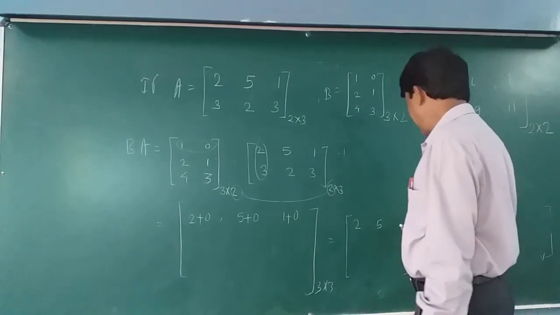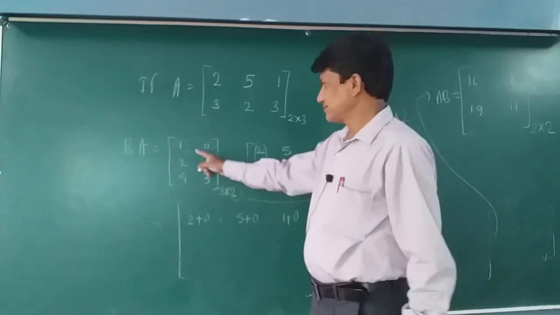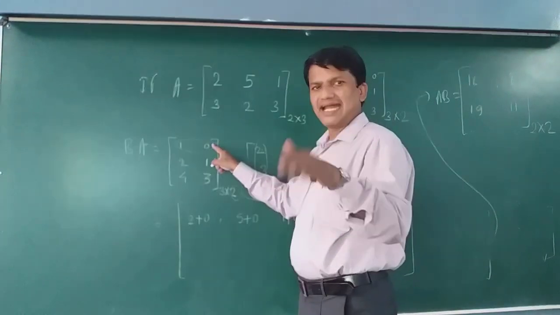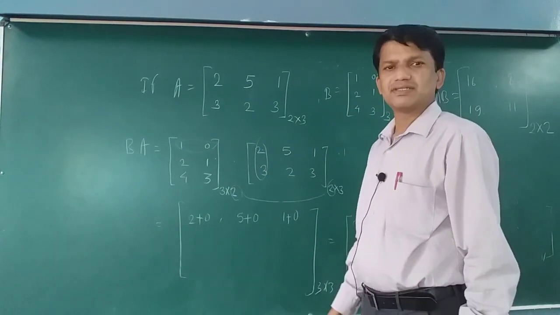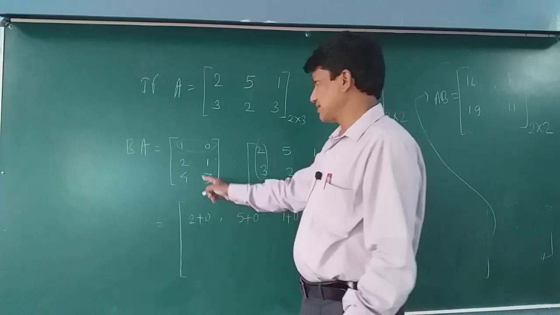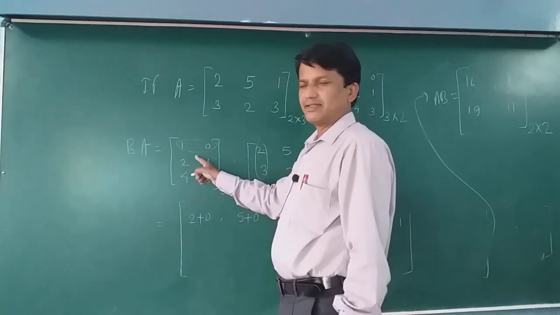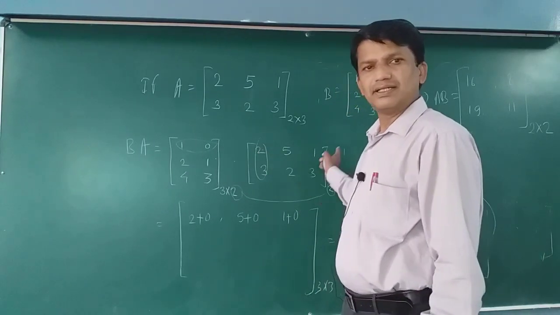The answer here is 1. Select the first row and multiply it with all the columns of the second matrix. Use the same technique. We have multiplied our first row with all the columns.